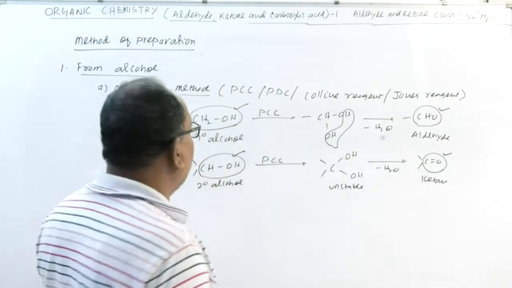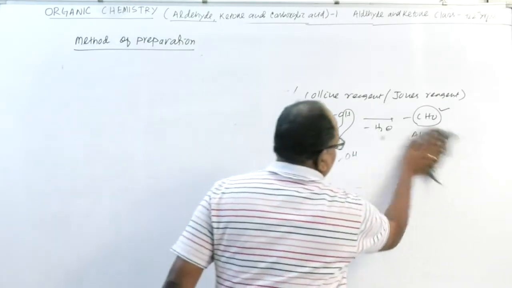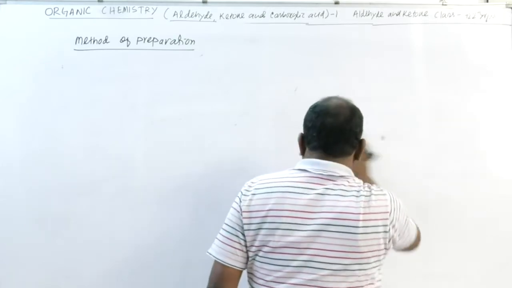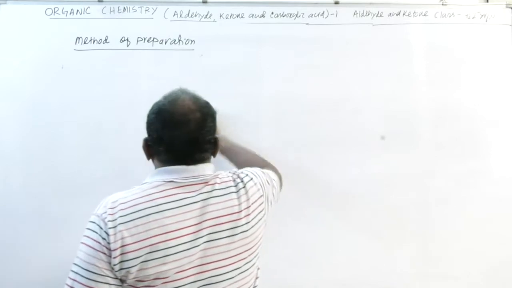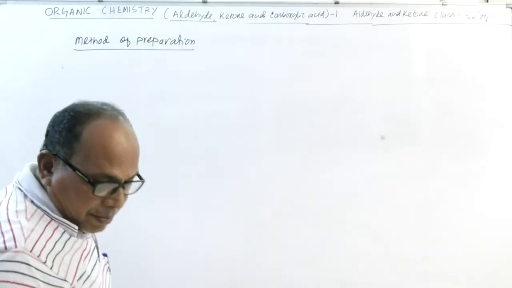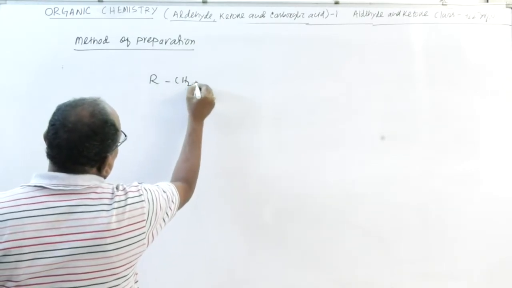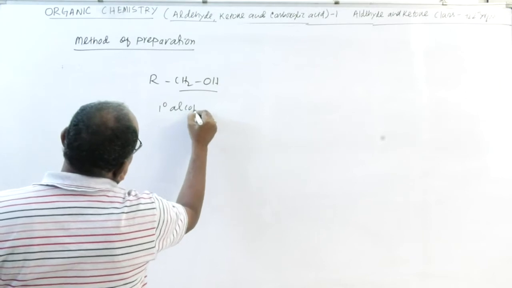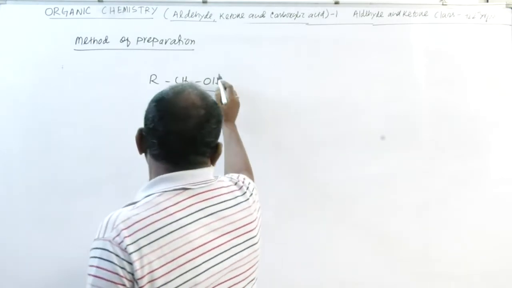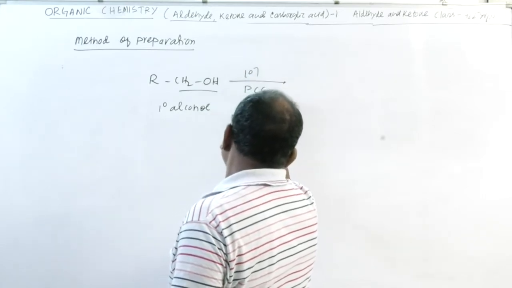Let us see some examples. Suppose you take a primary alcohol RCH2OH, and this is treated with an oxidizing agent like PCC.